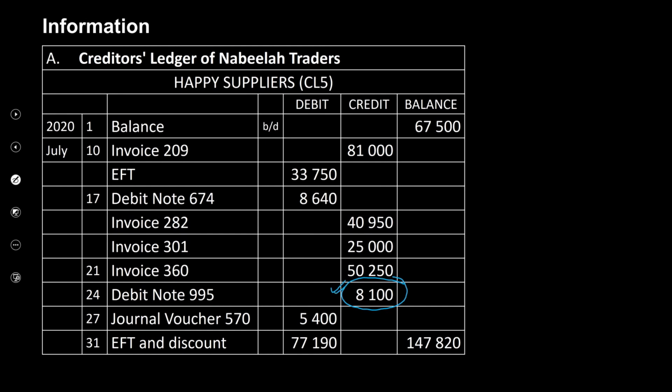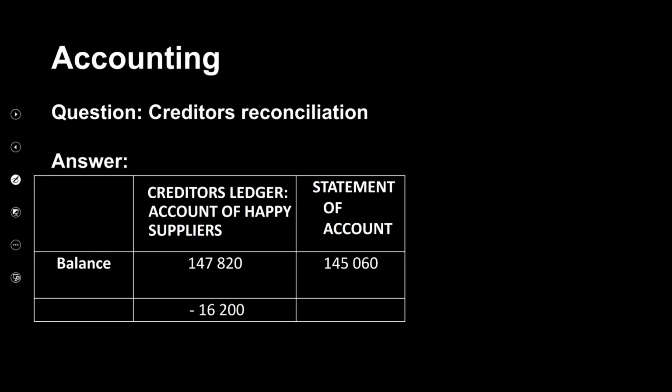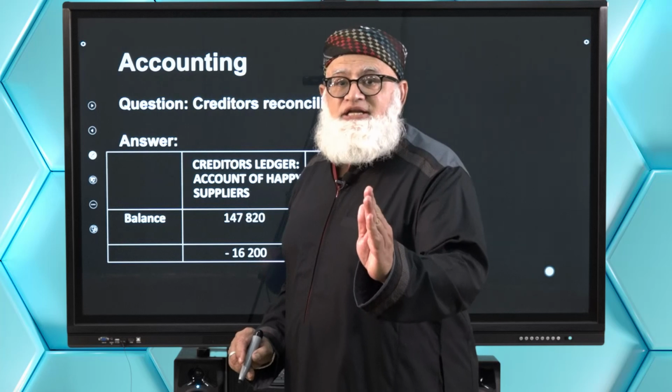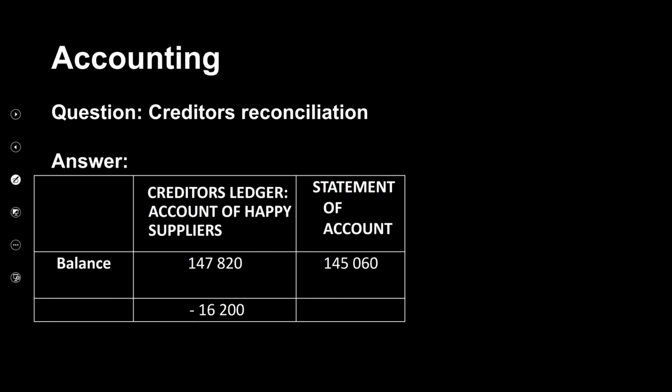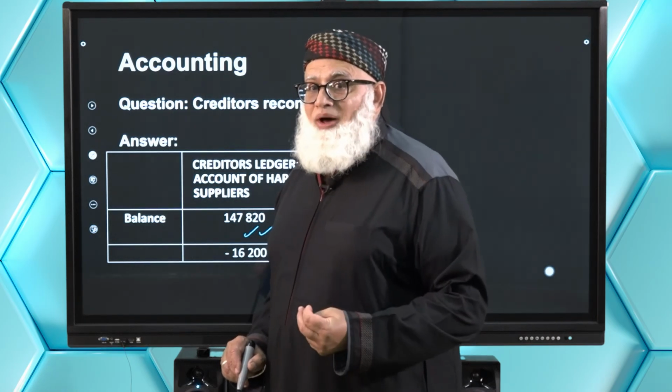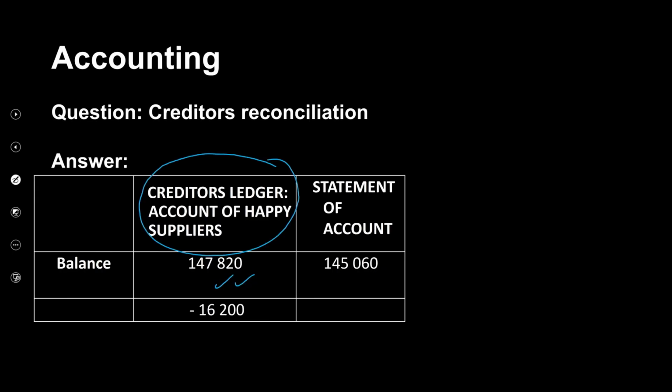Can you see here, the 8,100 is in the credit column, meaning that if we look at their records, whereas the credit in their account is correct, we have made the mistake, and we treated it as if we had bought goods from them, but in fact, we had returned goods to them. Therefore, the minus 16,200 that you see there is double the 8,100. And we subtract the amount in our records because of the error.